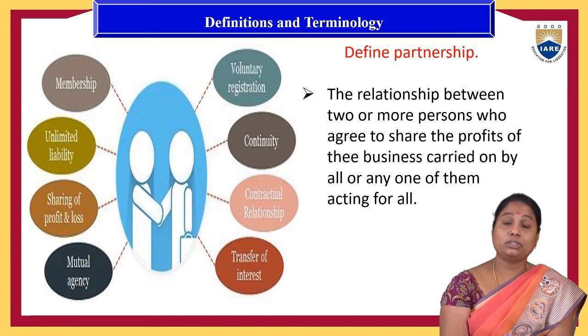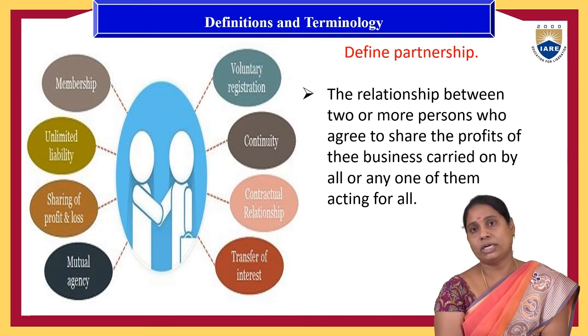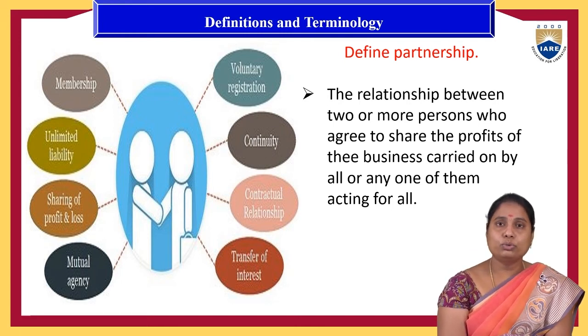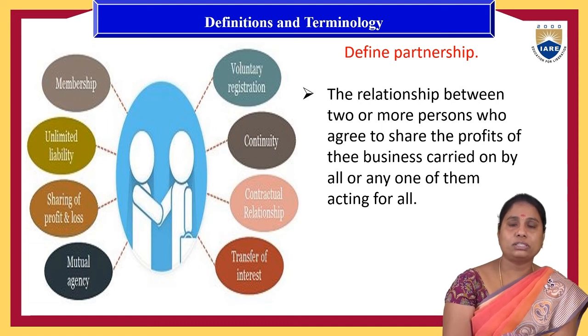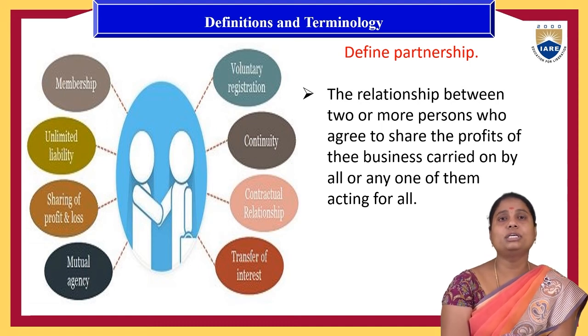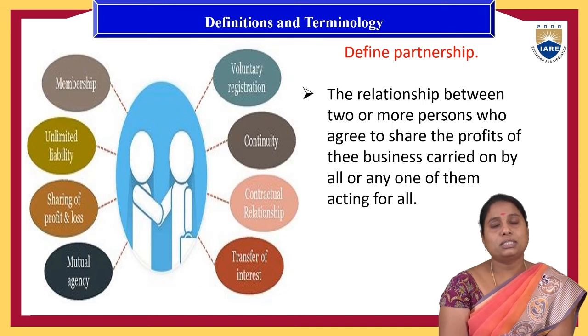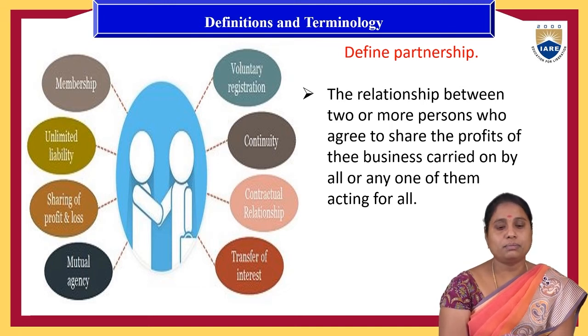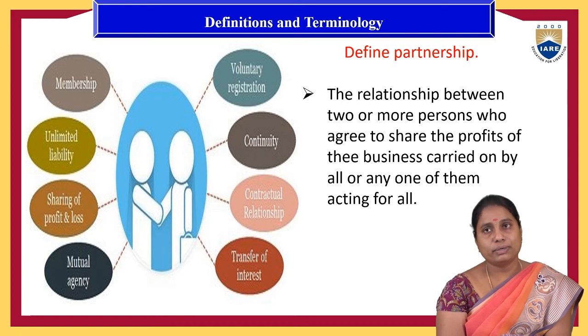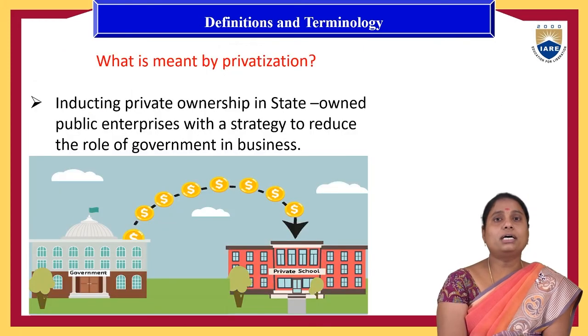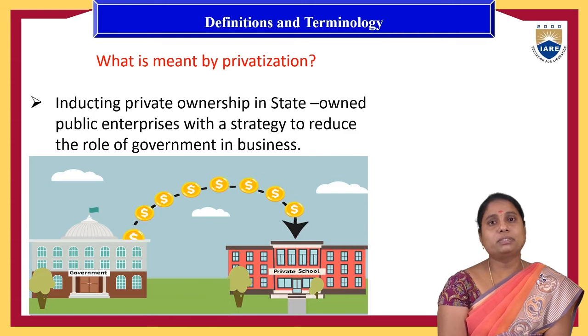Transfer of interest is possible, they can sell their partnership to others, and mutually agreed people share their profits and losses. The responsibility is not with one person but rests with the partners, and becoming a member is also very easy. In a partnership business, not more than 20 people are allowed.